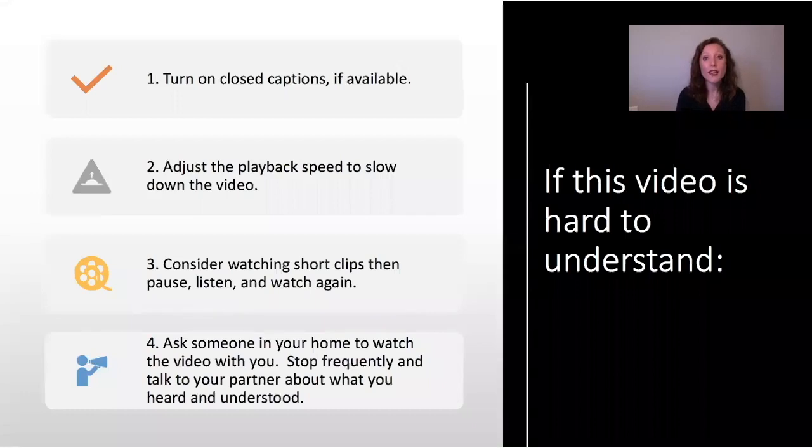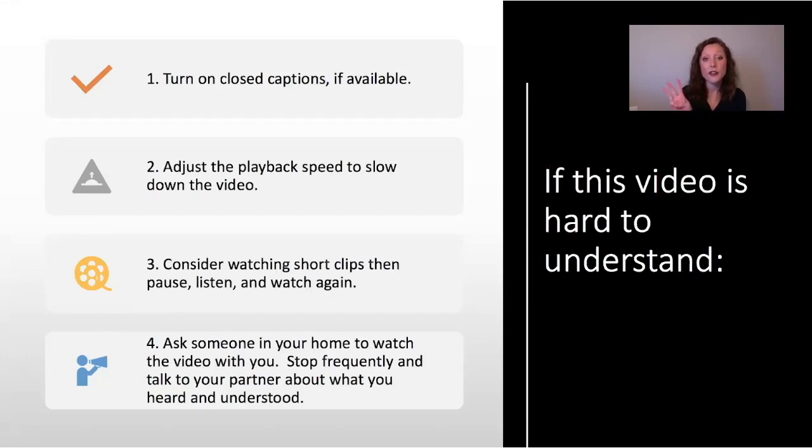Now, before we get started, I have 4 things that you can do if you're having a hard time understanding what's going on. The first thing you can do is to turn on the closed captions if available. The second, if you're watching this video on a computer, you can adjust the playback speed to slow down the video a little.